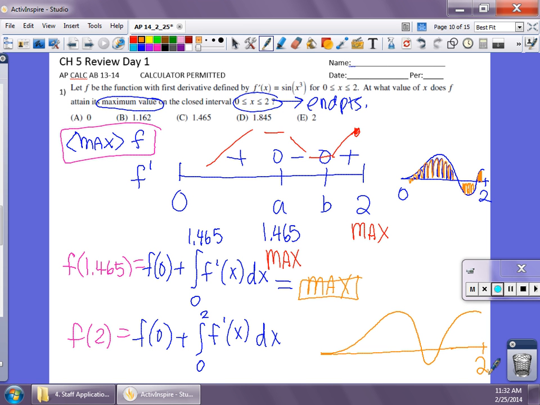An integral from 0 to 2 does not find f of 2. An integral from 1 to 5 does not find f of 5. It finds you the change from 1 to 5. It finds you the change from 0 to 2. It is extremely confusing. Having to remember that extra piece is confusing.